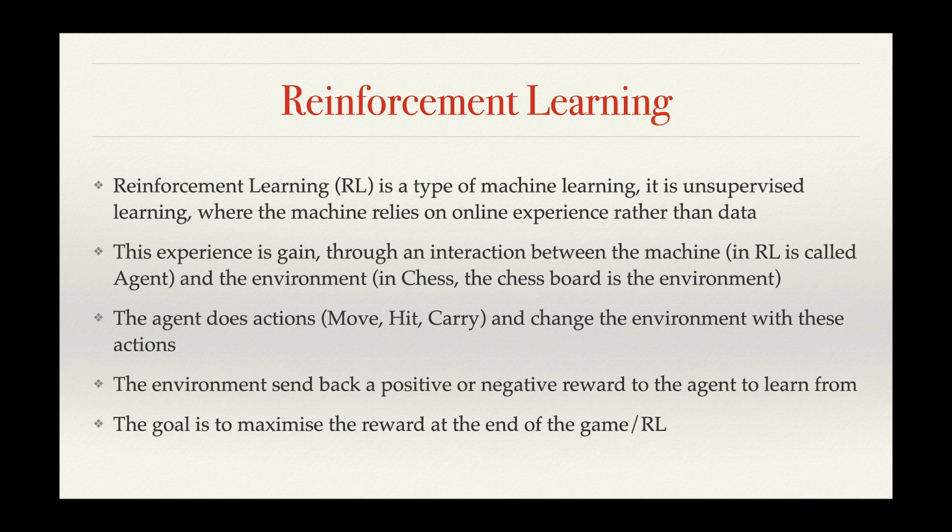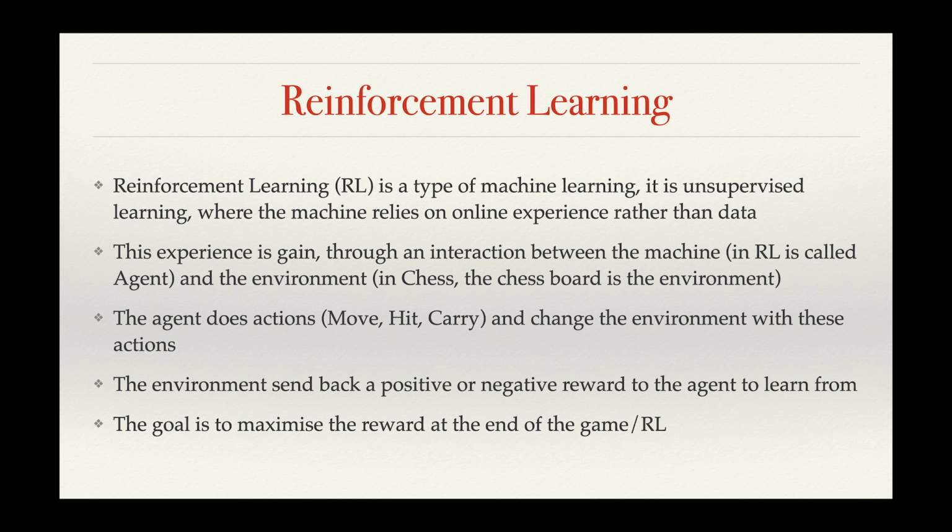And this reward could be positive or negative. For example, positive if the agent does a good action that would lead to winning the game, if we're talking about games. Or if we talk about robotics, that the agent could pick up, for example, a cup, and so on. So this is the reward, an important part of reinforcement learning. If you are familiar with game theory, many of its theories are used in reinforcement learning.